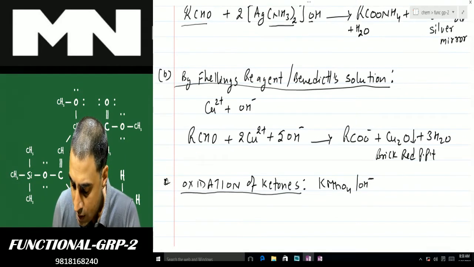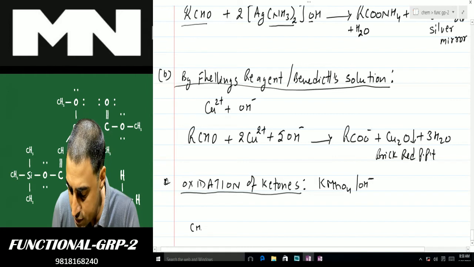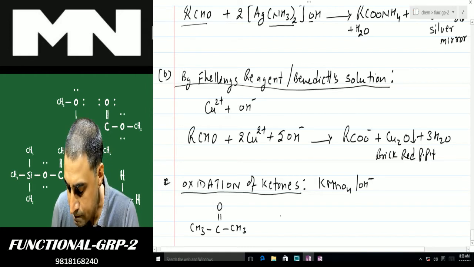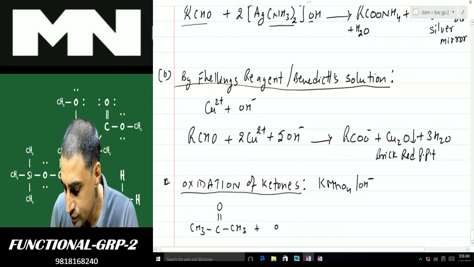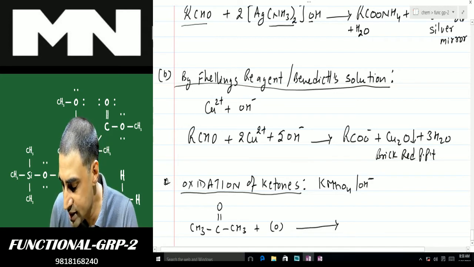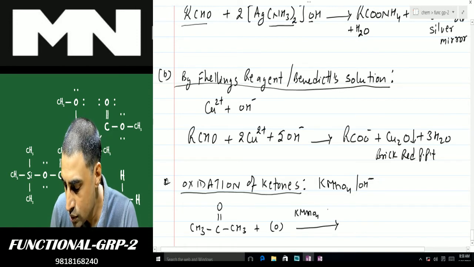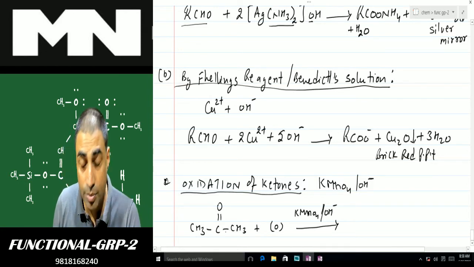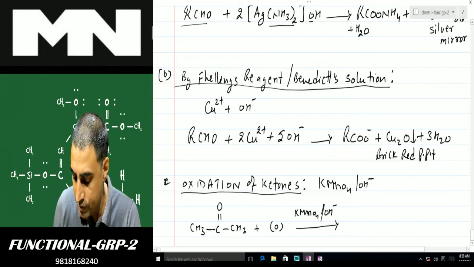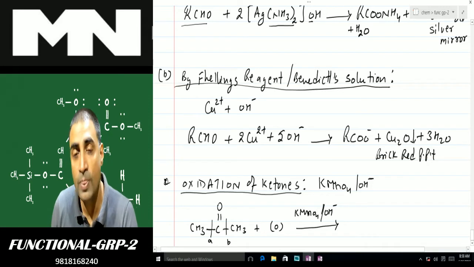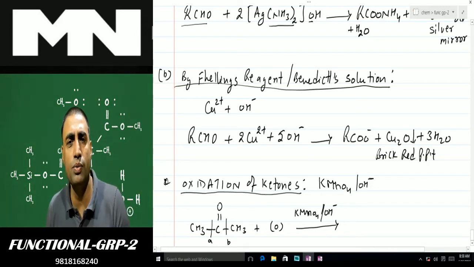Now suppose you have a symmetric ketone like CH3COCH3, and you are oxidizing it. The oxidizing agent again is KMnO4 in alkaline medium. The carbon-carbon bond can break from either side, no matter whether it breaks from side A or from side B. If this bond breaks, on one side you will get 2 carbons, on the other side you will get 1 carbon.